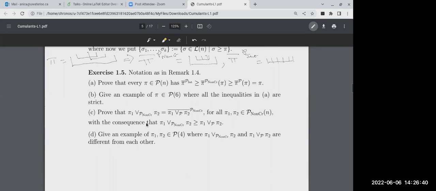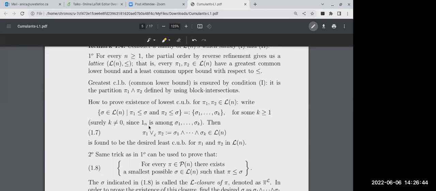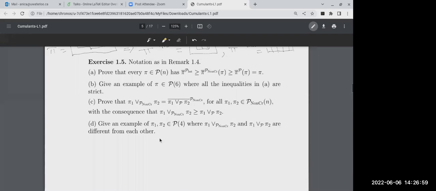This reflects, if you look at the connection with the join, that I said there is a join which is guaranteed. Every two partitions in L of n have a smallest common upper bound, denoted join sub L. And the L has to be there because, for instance, the join in the lattice of non-crossing partitions versus the join in the lattice of all partitions may be different.